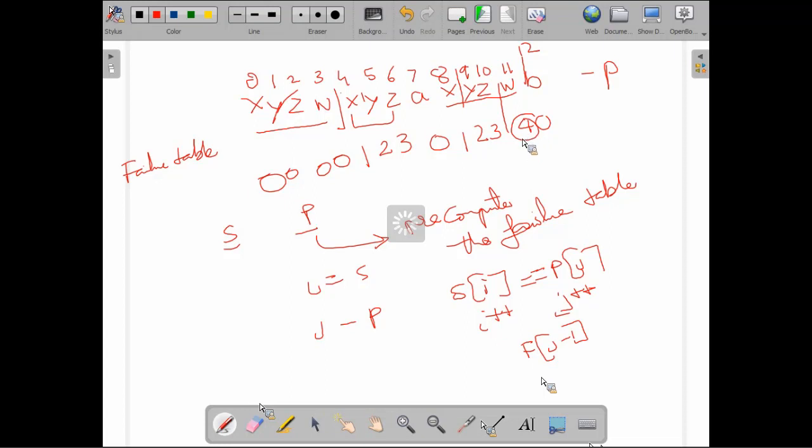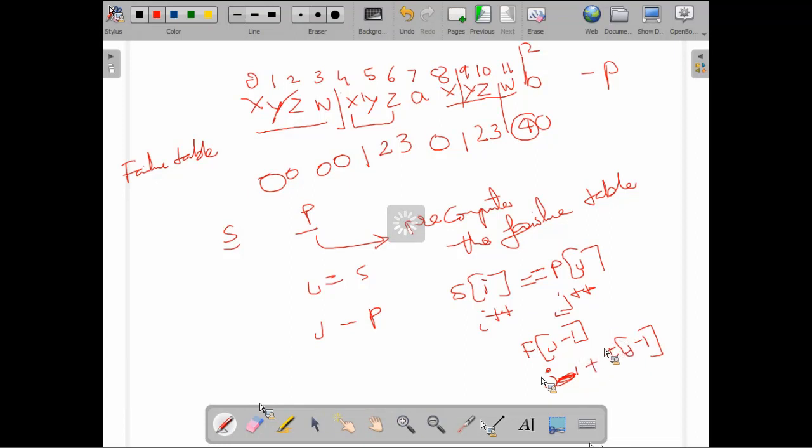So instead of starting at j equal to 0 again, I'll start comparing at failure of j minus 1.